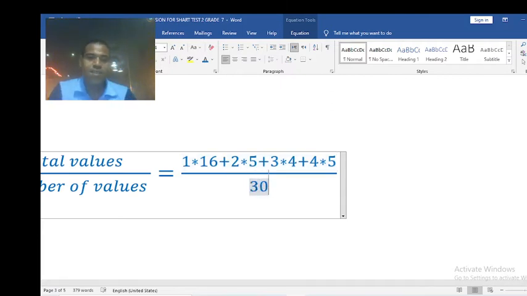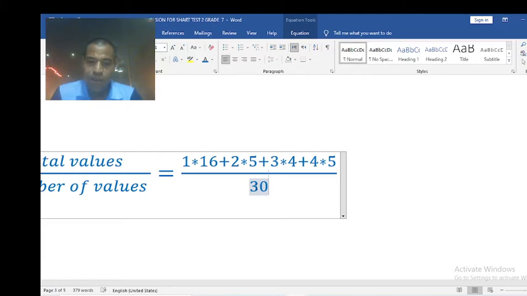Just simple calculation. So 1 by 16 is 16, plus 2 by 5 is 10, plus 3 by 4 is 12, plus 4 by 5 is 20.